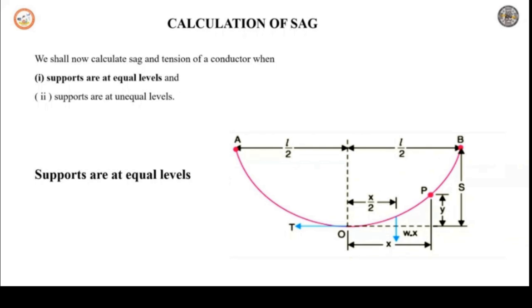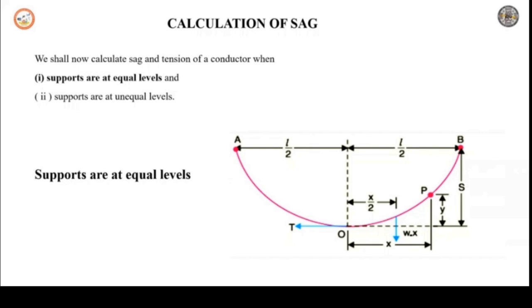The length of span L is large compared to sag S, hence the shape of the conductor takes the form of a parabola. As the curve is very small due to small sag, it can be assumed that the length OP of the conductor is the same as the x coordinate of point P. That is, the length OP is equal to x.